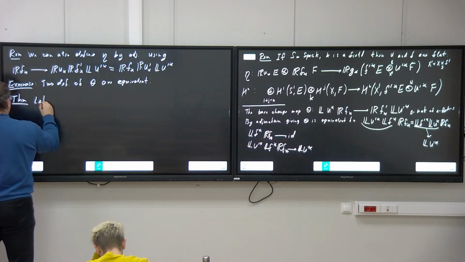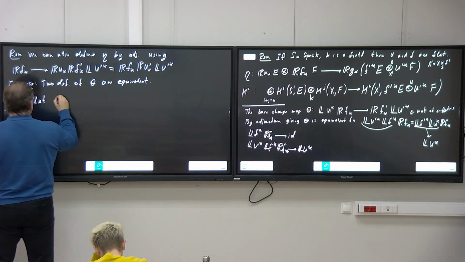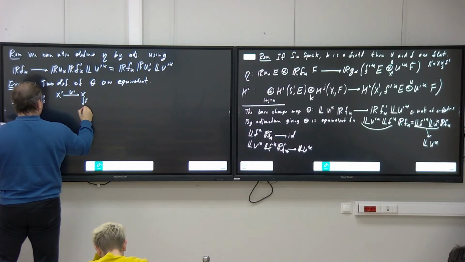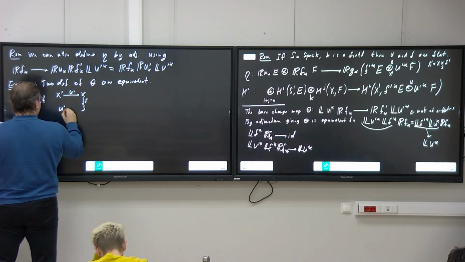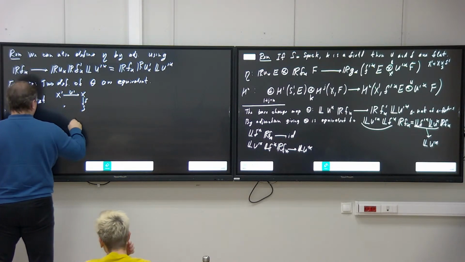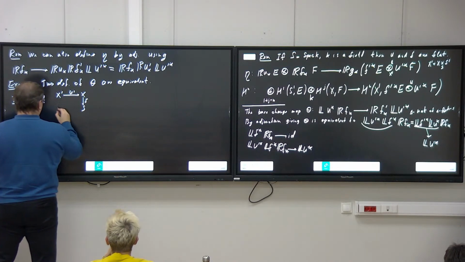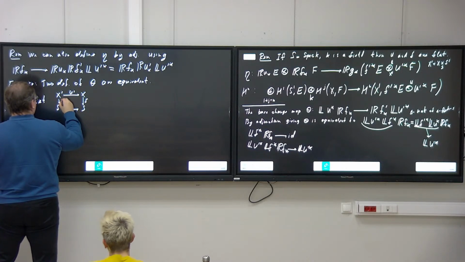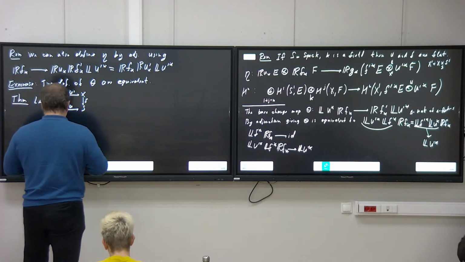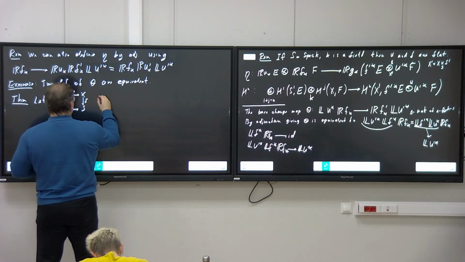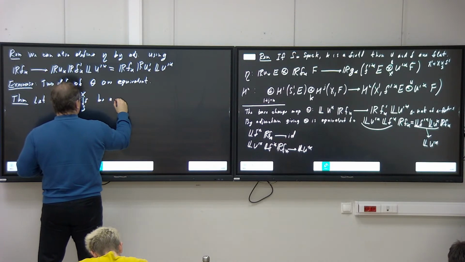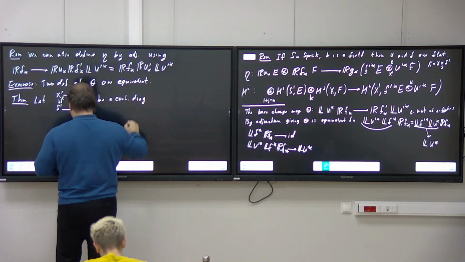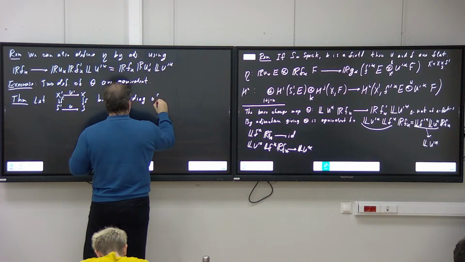So let, as before, we get the same diagram: X prime, X, O prime, f, S, S prime. But now I want to assume this is a Cartesian diagram of schemes.